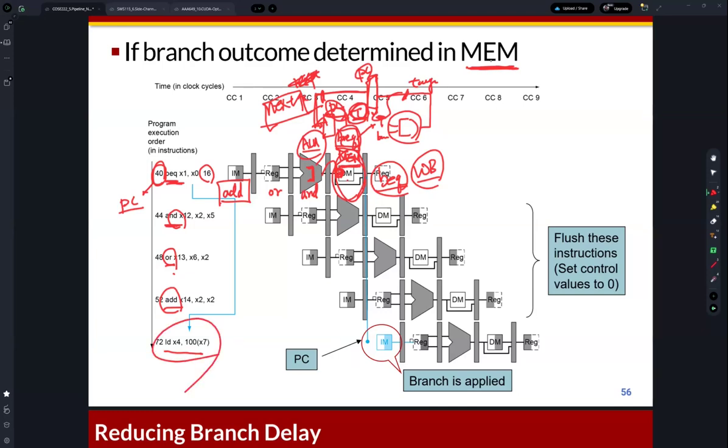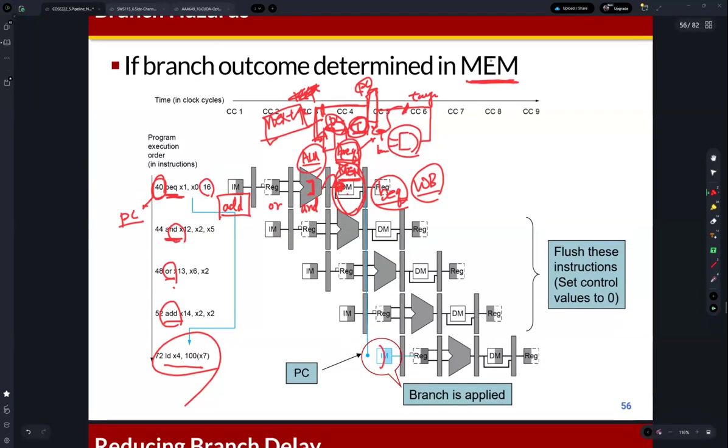Okay. So the load instruction is in the instruction fetch stage. So you can find the PC is here. Okay. So this PC is the correct PC, the target of a branch instruction.